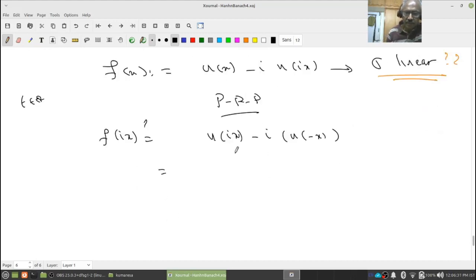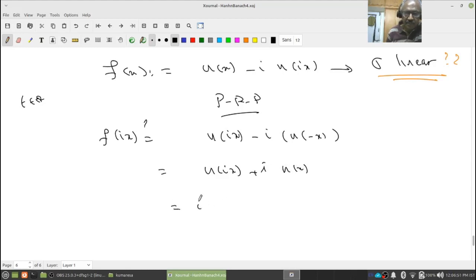By definition, f of ix is u of ix minus i times u of i times ix, which is minus x. Is that clear? Since u is real linear, minus x comes out, therefore it's plus i times u of x.